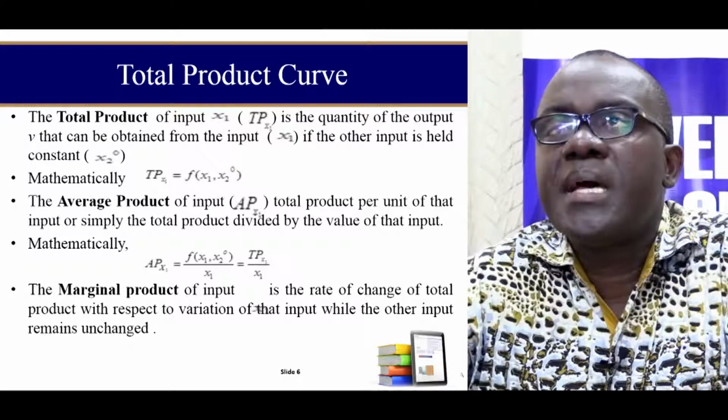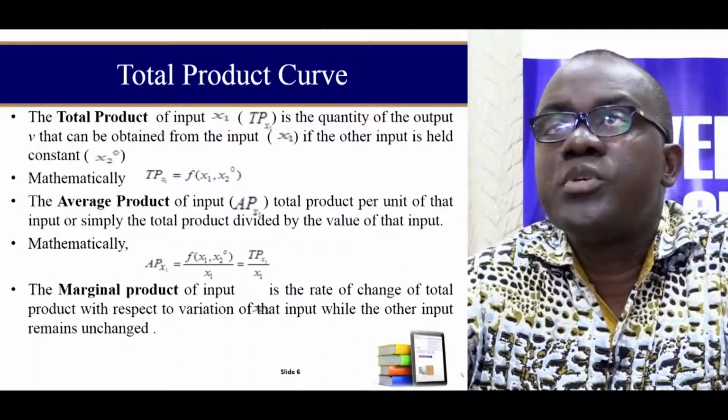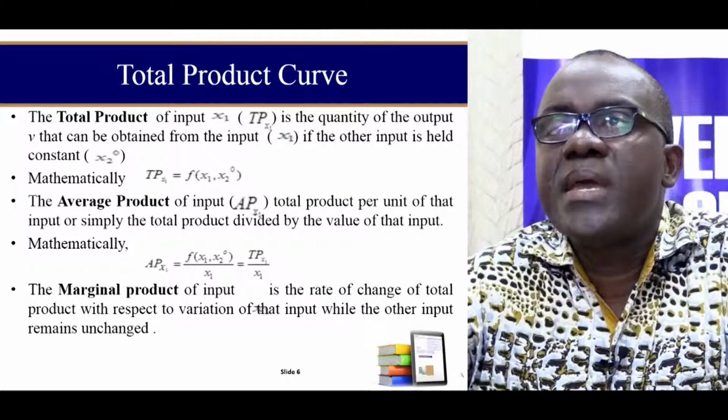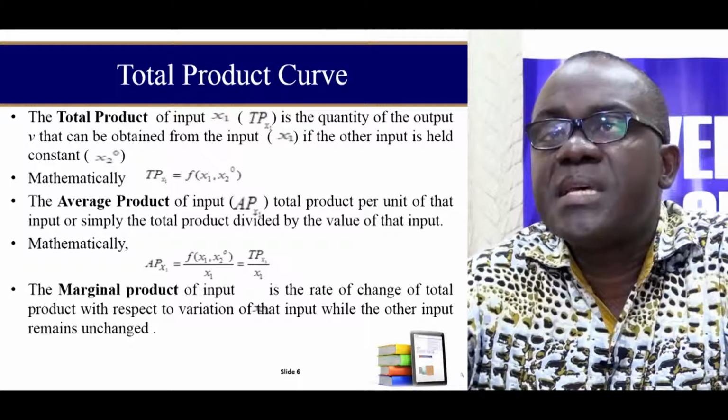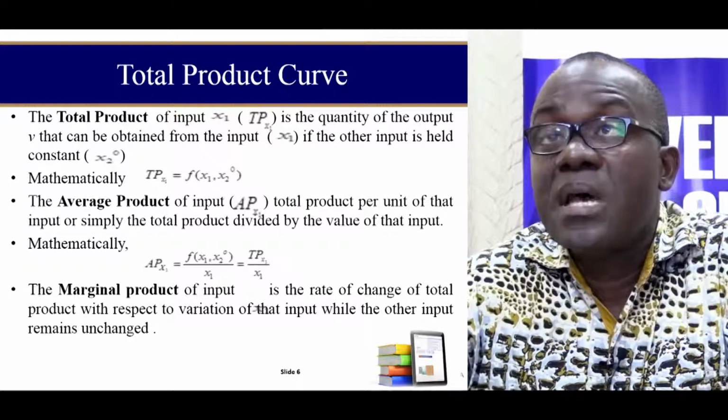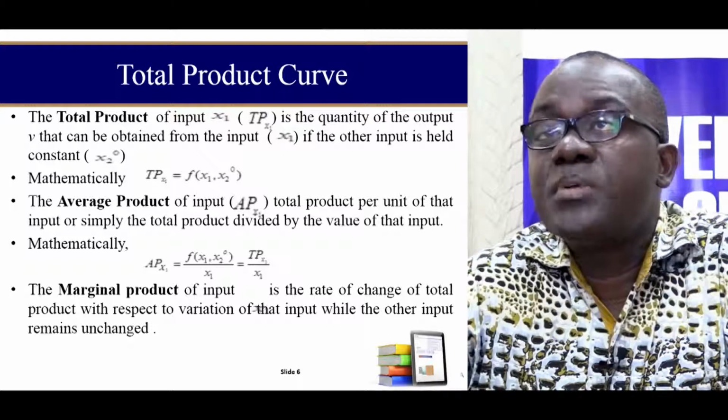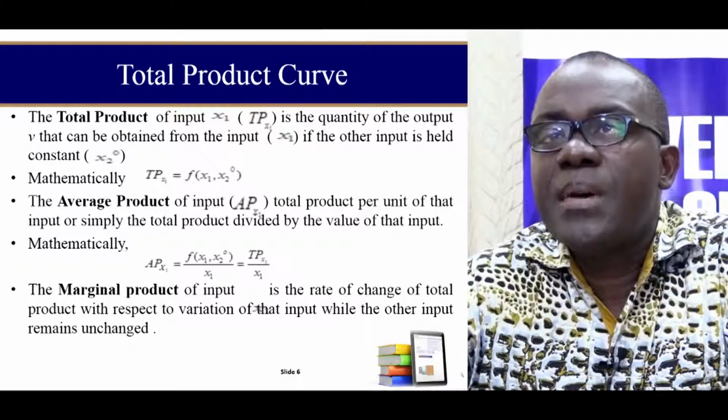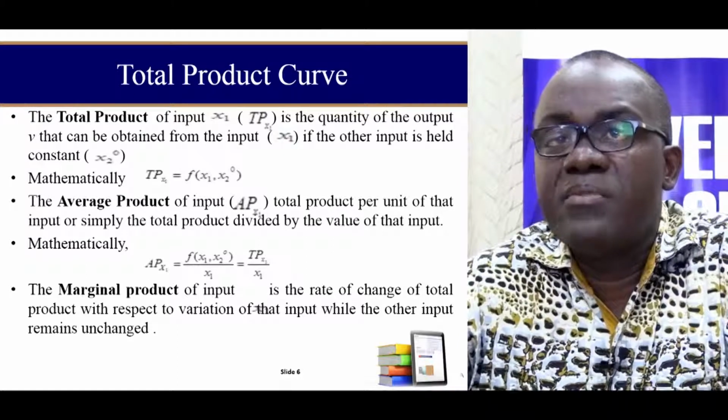So in our total product here, you have your x2 being a constant, and you have your x1 over here. In the same way, the average product of input x1 is the total product, with x2 kept constant, divided by x1, which is the variable.